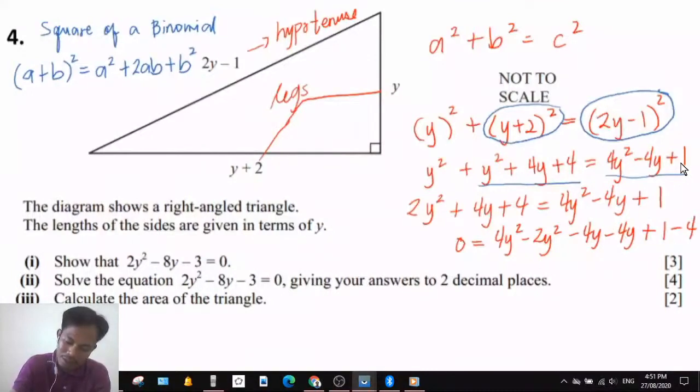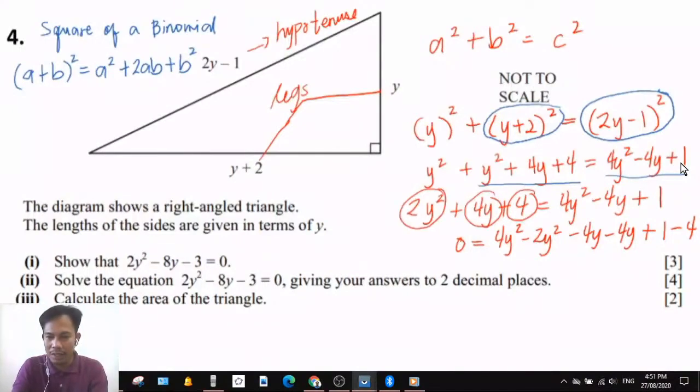Okay, you notice? What did I do? I have made the opposite sign and transferred it into the right side of the equation. So this 2y squared becomes negative 2y squared. This 4y becomes negative 4y on the right side.